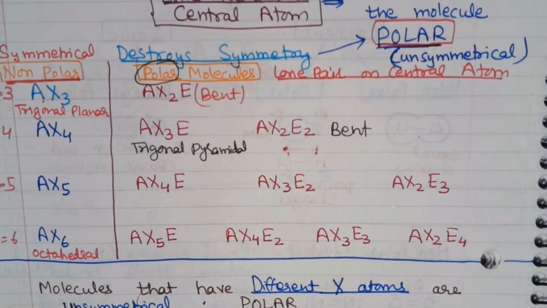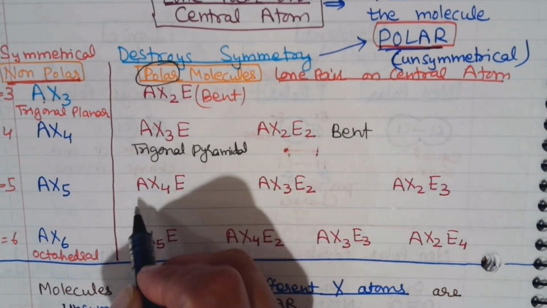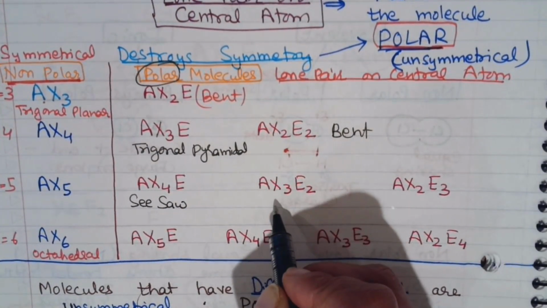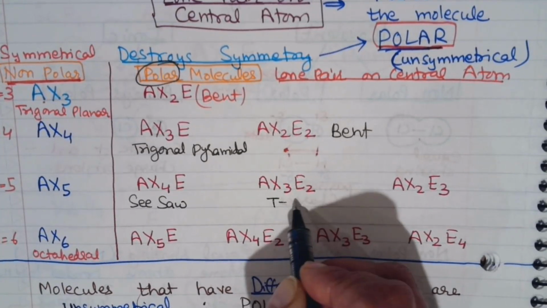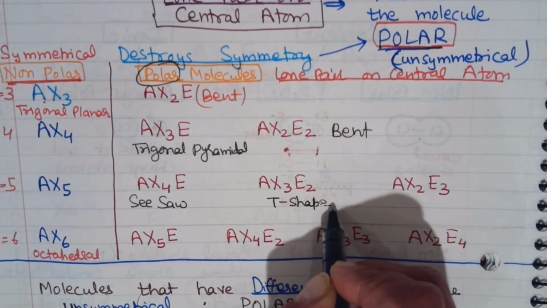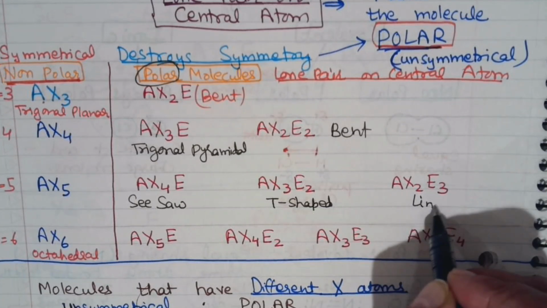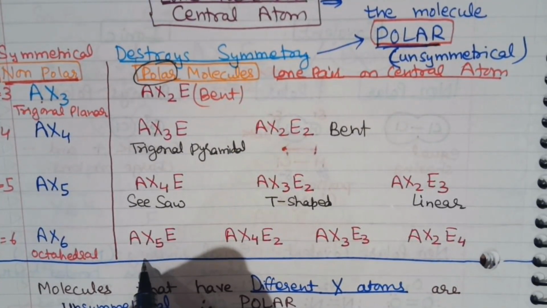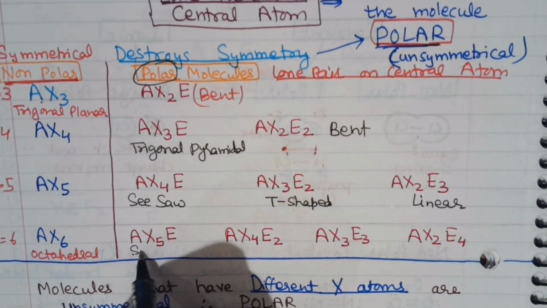And then AX4E is seesaw. So this is seesaw. This is polar, and then this is T-shaped, and then this is linear, right? And then here it is square pyramidal.